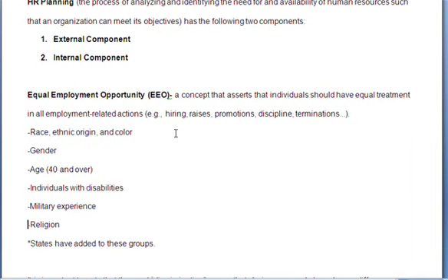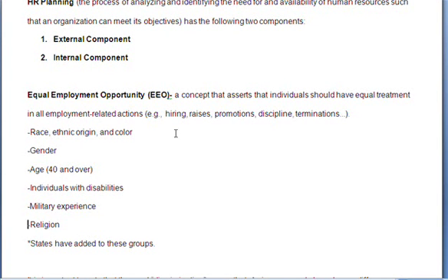And this is based on federal law. So based on the federal laws that have been passed to date, groups are protected based on the following: race, ethnic origin, and color. And it actually goes a little beyond that. It goes to nationality. It goes to citizenship as well.